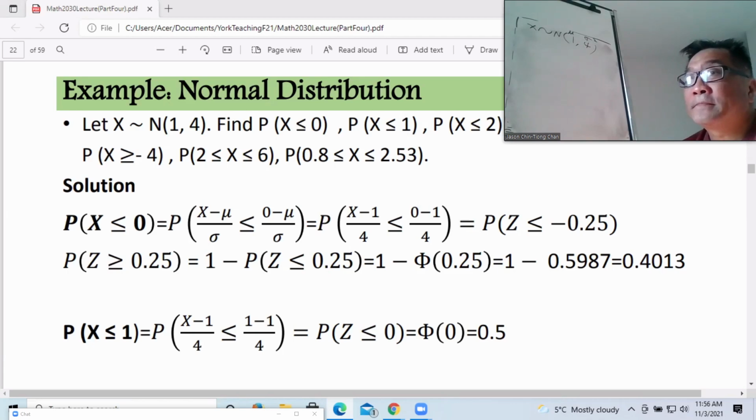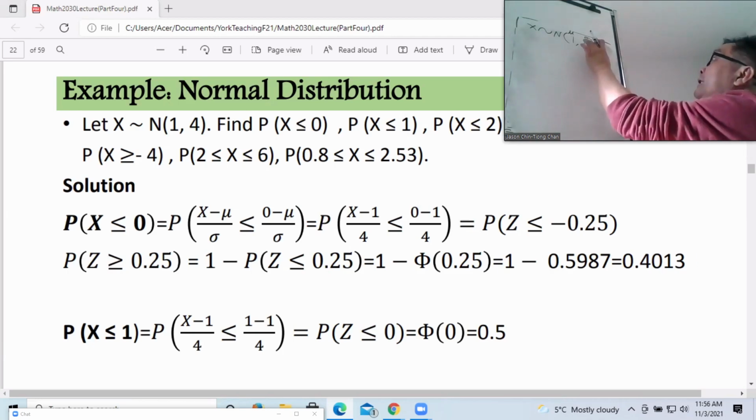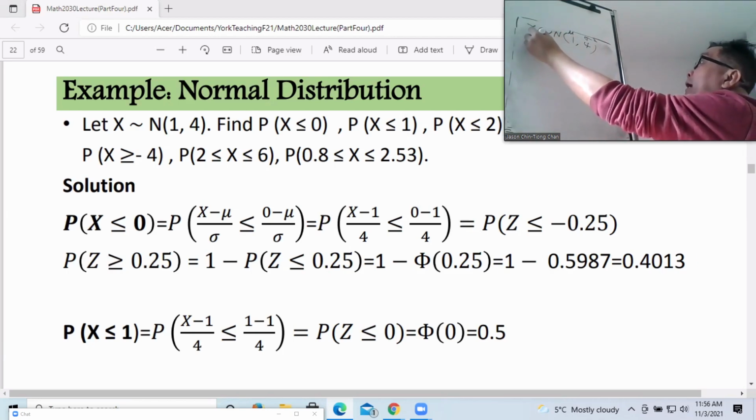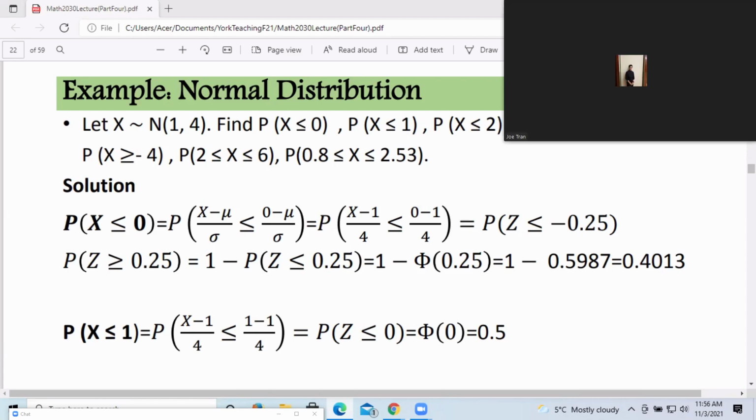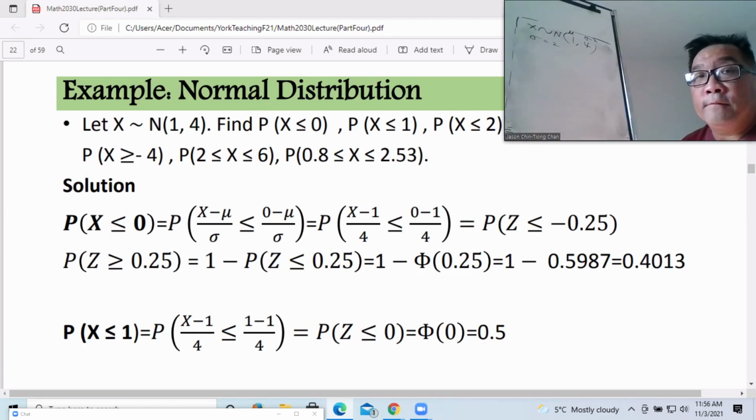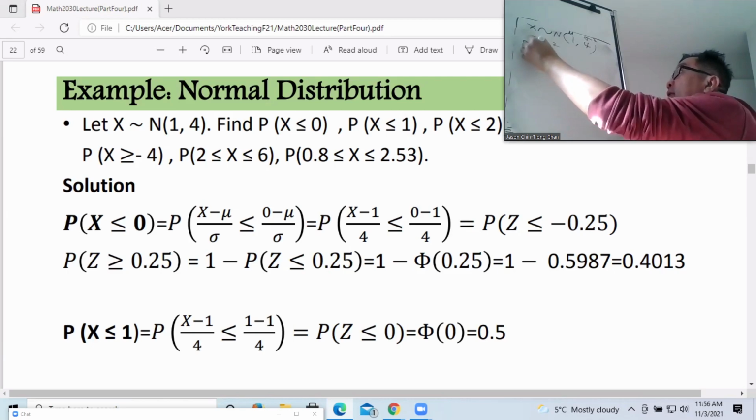So the variance is equal to 4. What is your standard deviation? 2. Okay, good. Now the first one, they ask you X is less than or equal to 0.